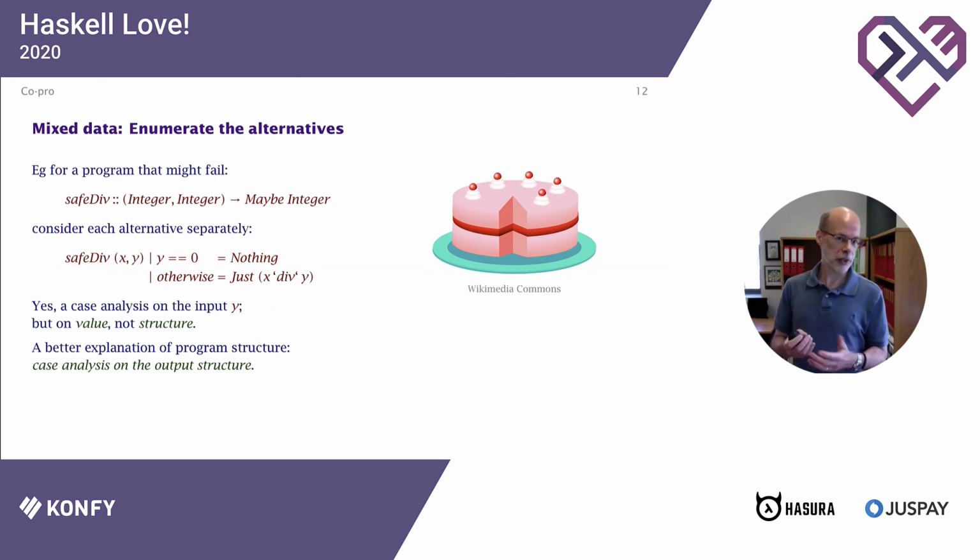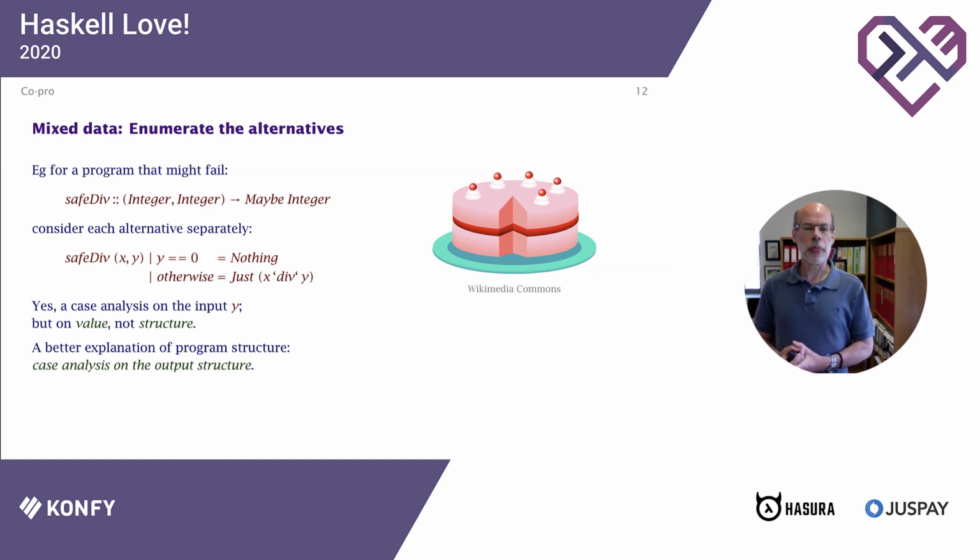So in Haskell, that's the Maybe data type, and there are two constructors for it, Nothing and Just. And so the two alternatives for my program are that sometimes it produces Nothing, sometimes it produces Just. So the advice, the skeleton, is to consider each of those alternatives separately. There's not much else you can do. If you're going to produce a Maybe integer, and you are sometimes going to produce Nothing and sometimes going to produce Just, then basically you need two clauses.